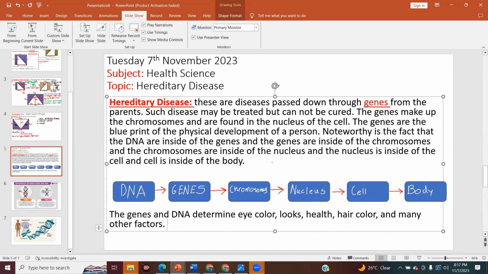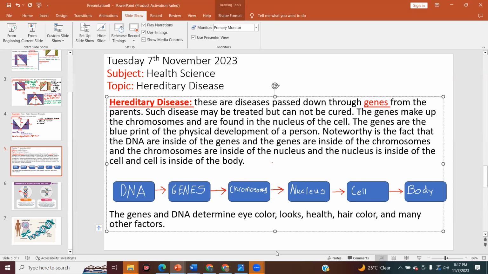Or you may see someone who's skinny, and their daddy or mommy is skinny. Or someone who's short, and their daddy or mother is short. Or someone who's tall, and their daddy or mother is tall. So you get those features from your parents, right?